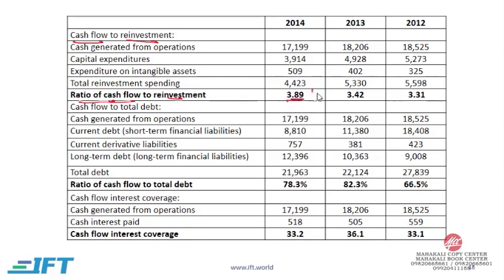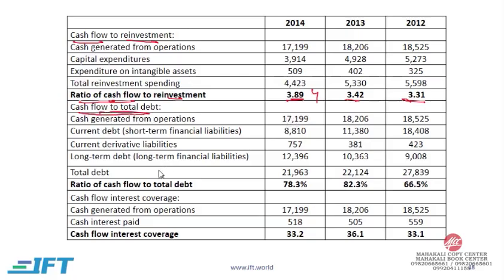So if we round this up to 4, what this is saying is that the amount of cash being generated was 4 times more than the money being reinvested. So this is quite healthy. This is saying that the company is generating enough cash to reinvest in the business. So the number in and of itself is good, and also the number is going up. So the company's ability to invest in itself over the coming years seems good.